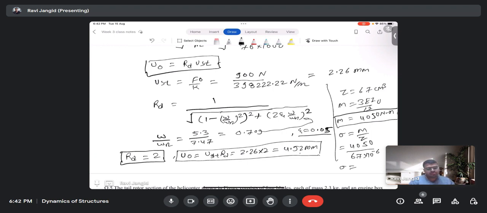It is 60.44 Newton per mm square. Yeah, so Newton per mm square you can write as MPa. 60.45 MPa. Do you know that? Newton per mm square is equal to MPa. Yes, sir. Okay, so my bending stress is 60.45 MPa. Is it okay? Should I move to the next question?